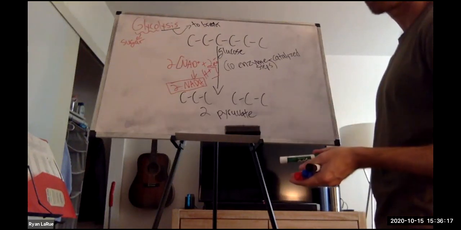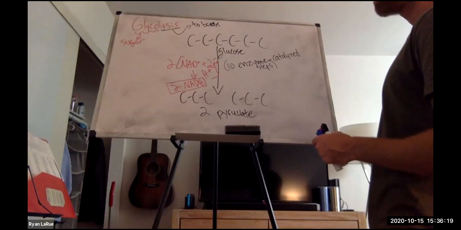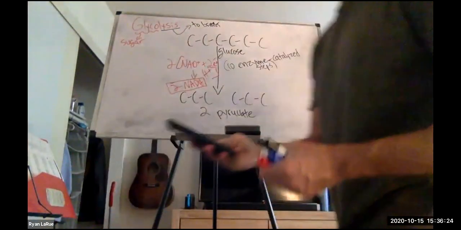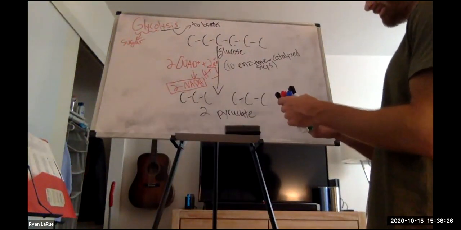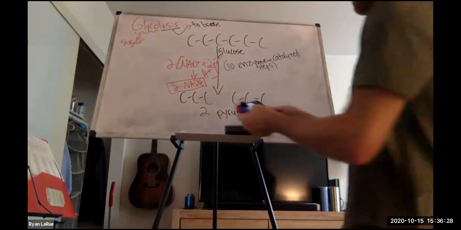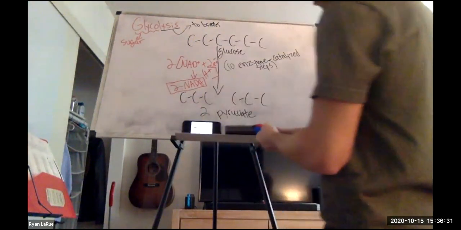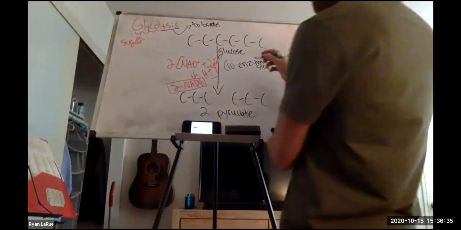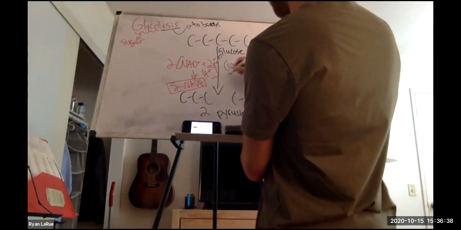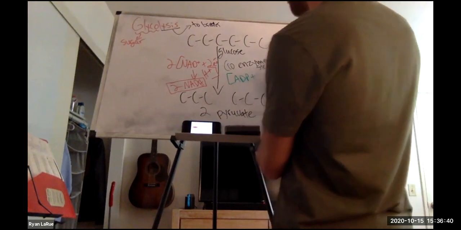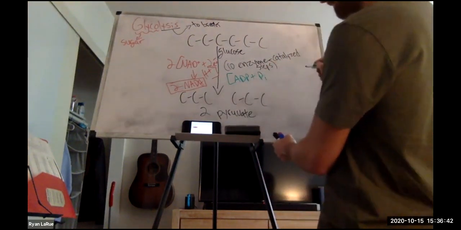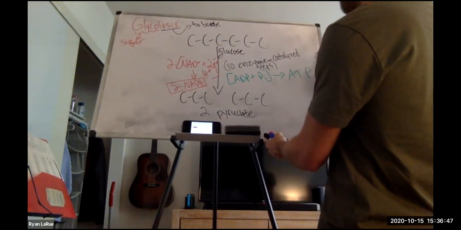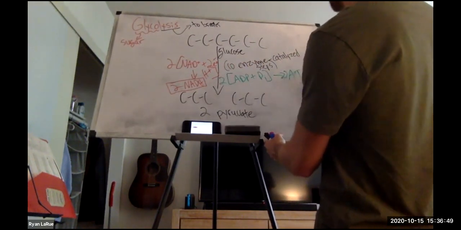In 2 other steps, we produce ATP, actually. So we do get a little bit of energy from glycolysis. And so what happens is for 2 of these steps, we're actually going to also take ADP and stick on a phosphate to form ATP. And again, this happens twice. So 2, 2.